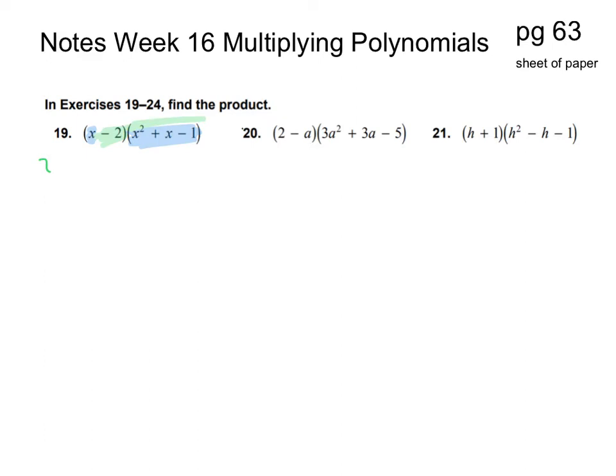X times the trinomial x squared plus x minus 1, and then negative 2 times the trinomial x squared plus x minus 1. Then you distribute your x to each of these.